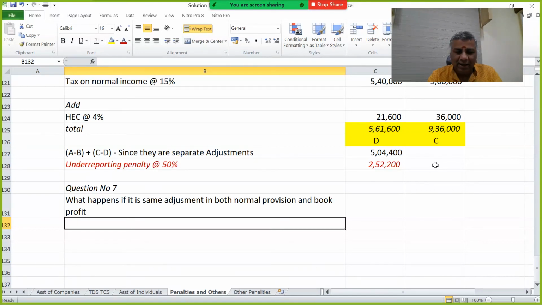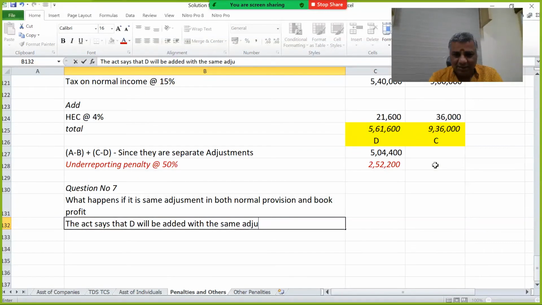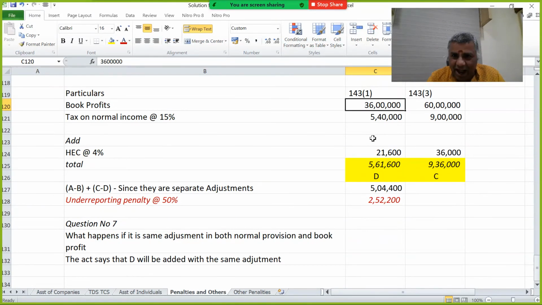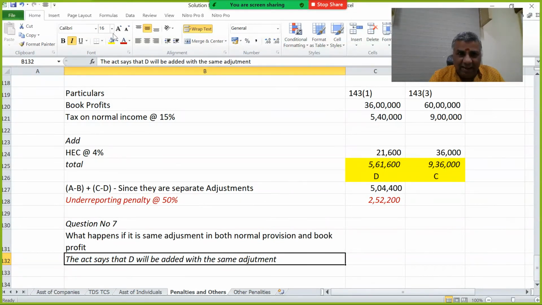The Act says that D will be added with the same adjustment. Remember this, my dear friends: D will be added.